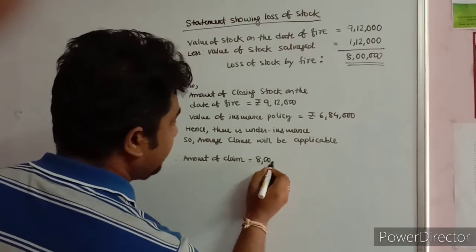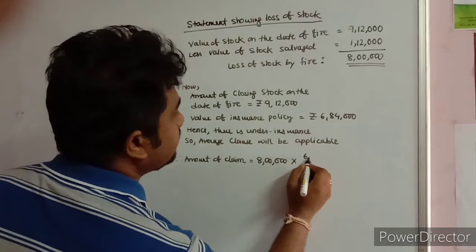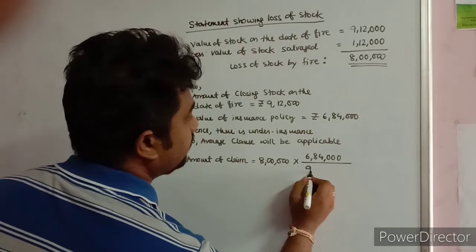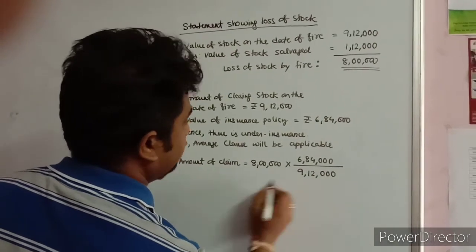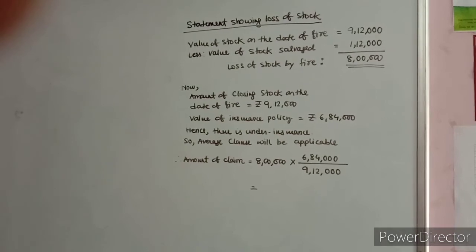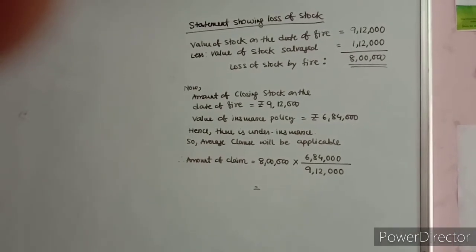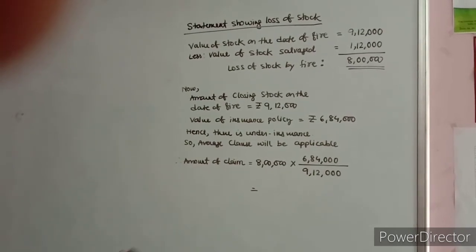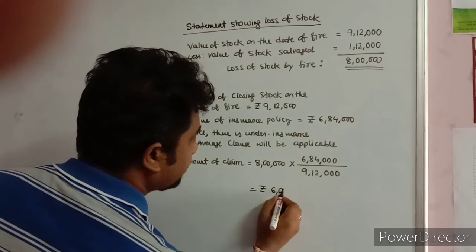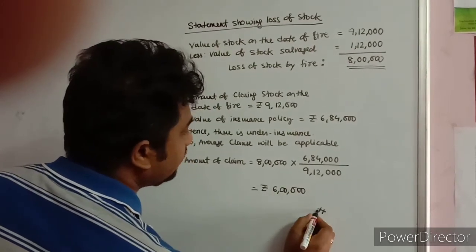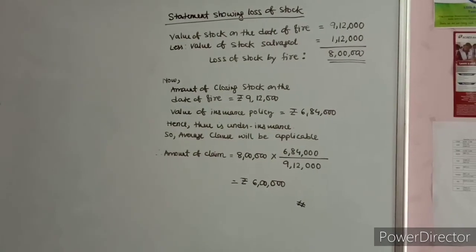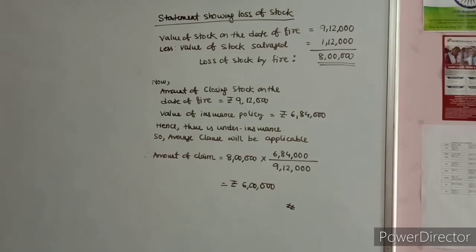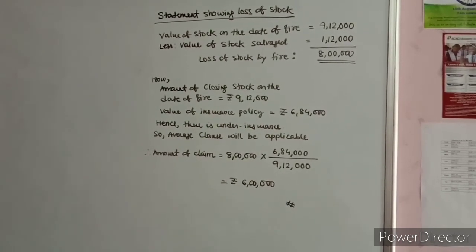It is 8 lakh into 6,84,000 divided by 9,12,000. He will get only the proportionate amount of the loss depending on the insurance he has taken, and the amount comes up to be rupees 6 lakh. So Sri Ramesh will get only 6 lakh rupees out of his total loss of stock by fire amounting to rupees 8 lakh. So this is the solution of this particular numerical.